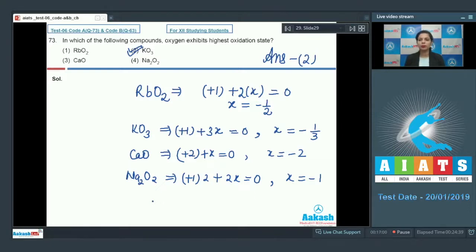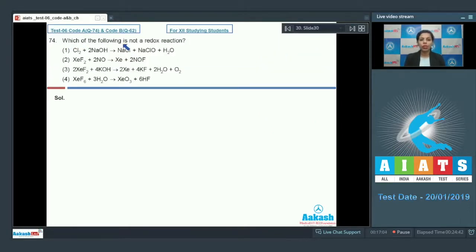Let's take the next question. Question number 74. Which of the following is not a redox reaction? How would you analyze whether a particular reaction is a redox reaction or not? You just check the change in oxidation number of the element. Redox reactions are those reactions in which oxidation and reduction take place simultaneously. So if I talk about this first reaction, in which chlorine is there in Cl2 form, its oxidation number is 0.